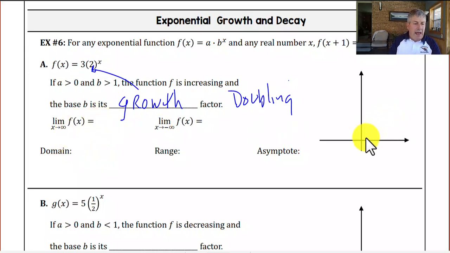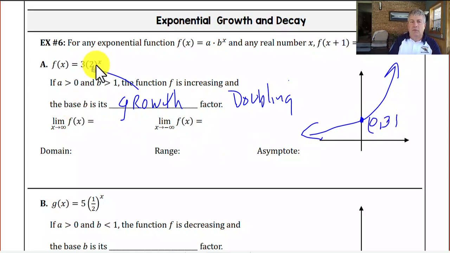The graph of our function is going to look something like this. We have a growth function that's going to go through the point (0, 3), because anything to the 0 power is 1. So the 2 becomes 1, and we multiply that times 3.